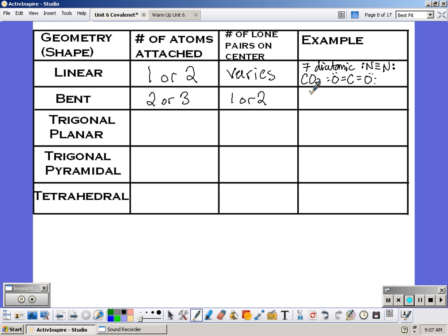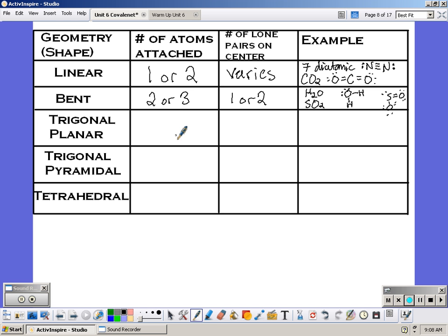For example, water. If you were to draw the Lewis diagram for water, you have the 2 hydrogens attached to the oxygen with 2 lone pairs. Another example that we already have in our notes would be SO2. Remember, SO2 had that double bond to one of the oxygens and 1 lone pair on the sulfur.